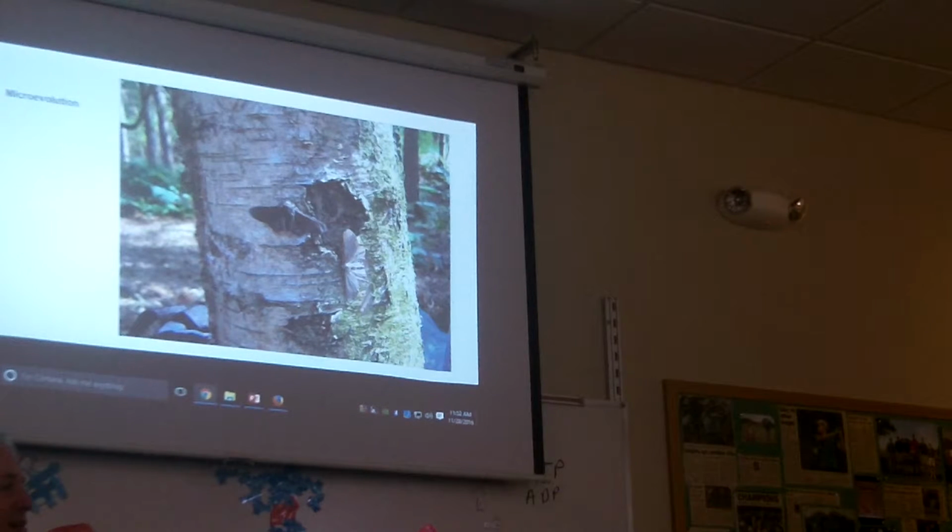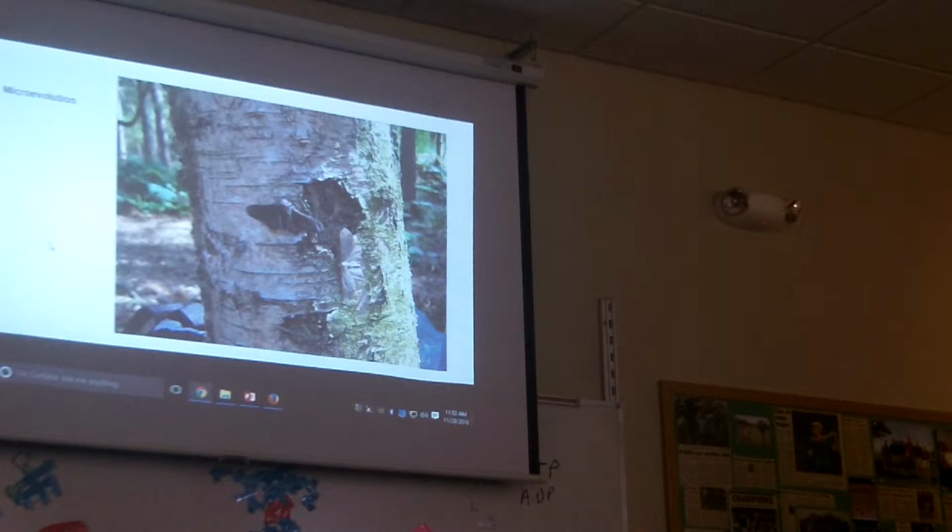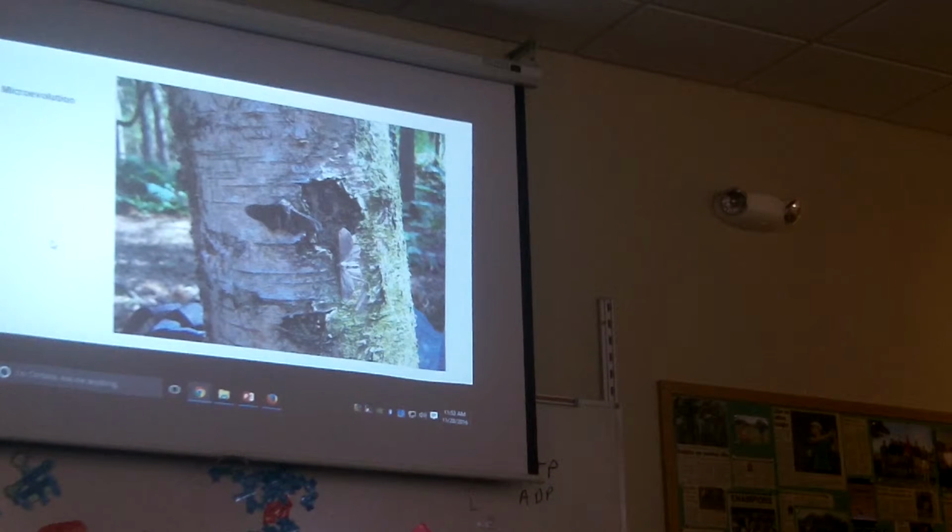And in just a matter of a few years, the population completely changed, where almost all the moths were black, and almost all the white ones were gone. It was something like 95% of the population was black, and only 5% was white, where it was 98% white just a few years before. That's quick evolution, happening in just a matter of a few years, in a person's lifetime, where you can see it happening.